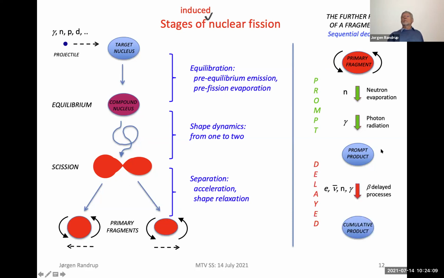From there, the time scale becomes longer. Now the weak interaction comes into play, and you have a bunch of beta delayed processes until you finally reach the beta stability line. So yeah, these are basically all the stages.